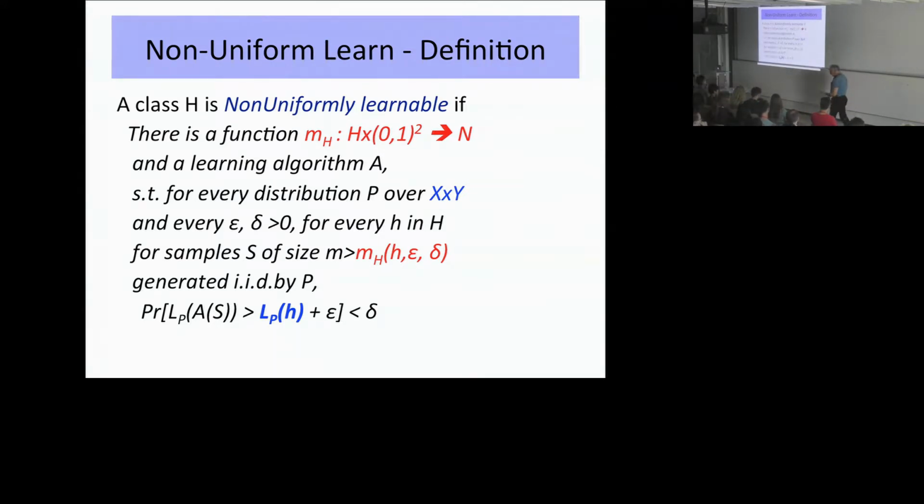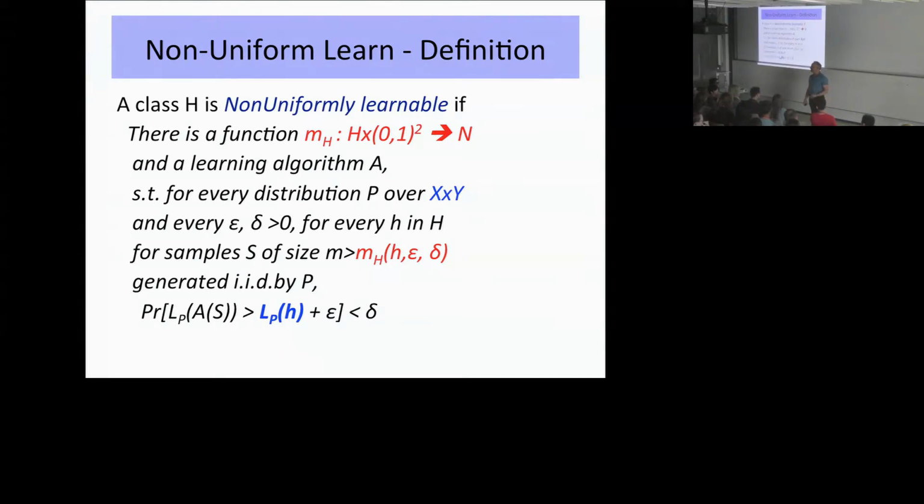So what do I gain now by switching to this notion of non-uniform learnability? Is the step clear, what I did here? Yes, where is the microphone? So the question is, we said that we can compete with the best H, because for every H, I compete with this H. But isn't the sample size I need then a bound on the sample sizes I need for all other H's?